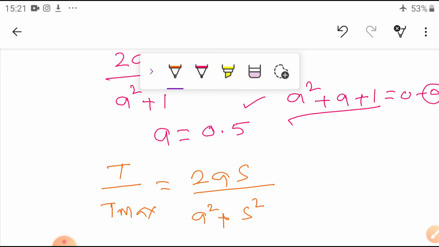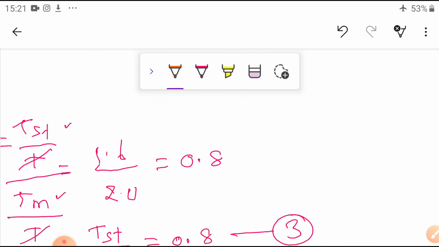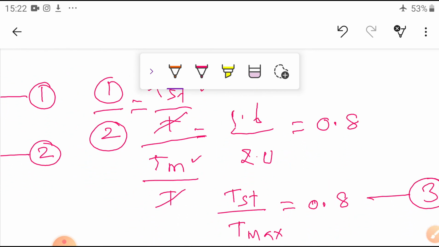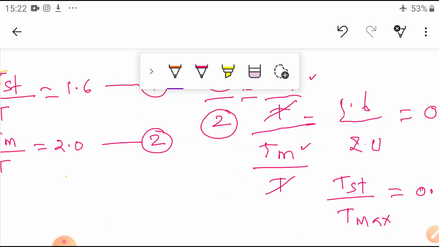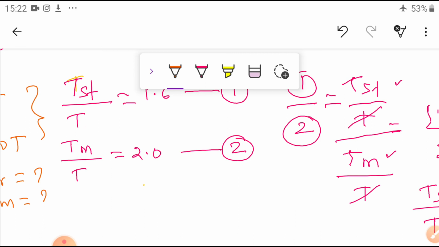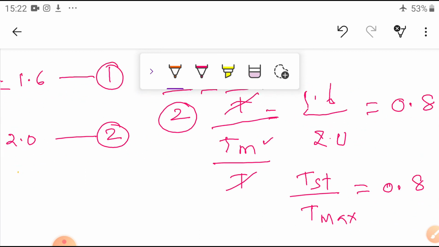So here, we know how much you are getting here. So 1 by 2 we got. So we previously got T max by T, already given, that value is given.